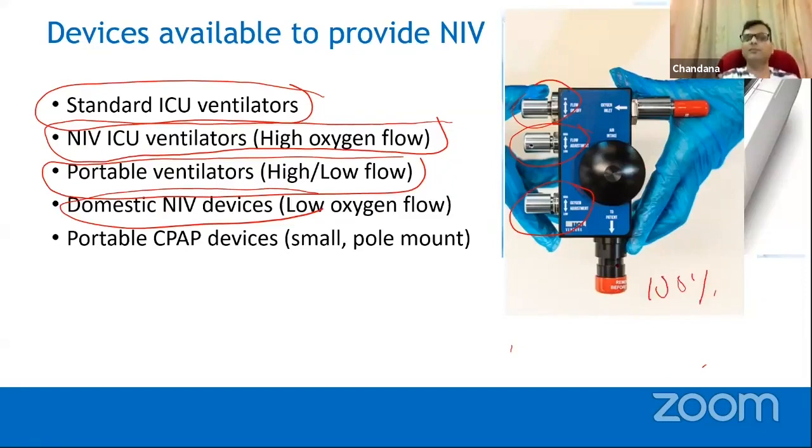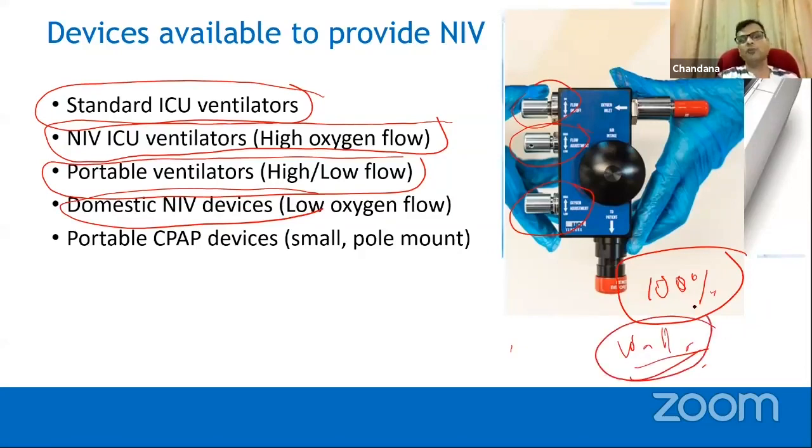This is simply much better than all the portable BiPAP devices, because a portable BiPAP can never achieve 100% oxygen, although the company says it can. It is impossible to achieve 100% oxygen. But these devices, although cheaper, can achieve 100% because they are connected to wall oxygen.